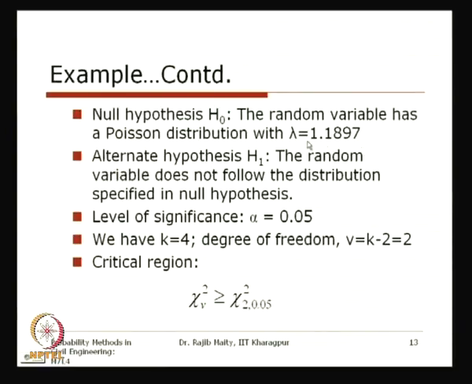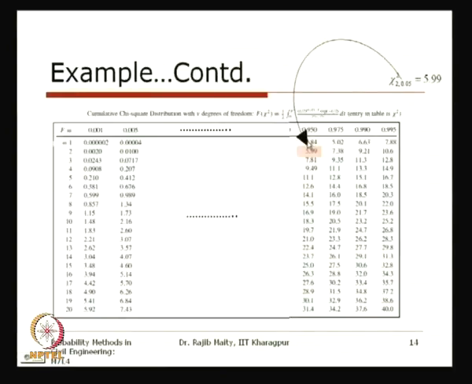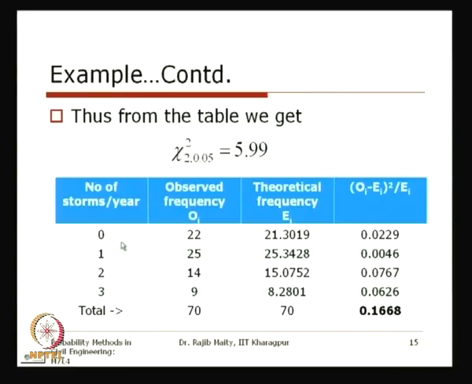So, this lambda t value we get, and from the Poisson distribution if you put x equals 0, x equals 1, x equals 2 and x equals 3 with that value of lambda t, then we will get these values, which are the theoretical frequencies for this Poisson distribution. So, this value you get when putting x equals 0, and this value when putting x equals 1. So, these are the theoretical frequencies and these are the observed frequencies.